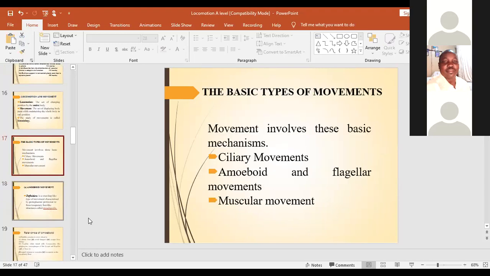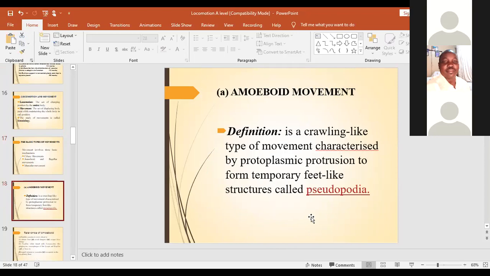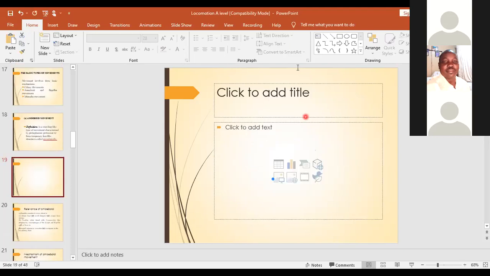So let's look at amoeboid movement. Just like I've told you, you have an amoeba.